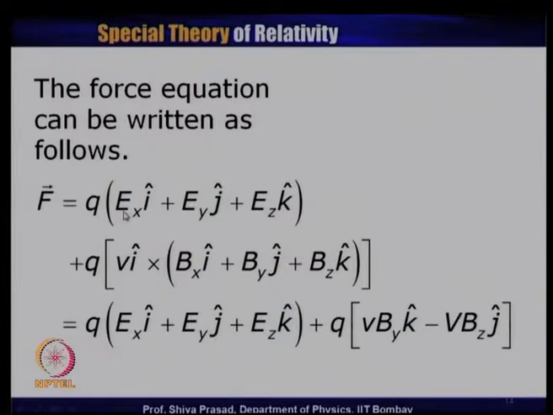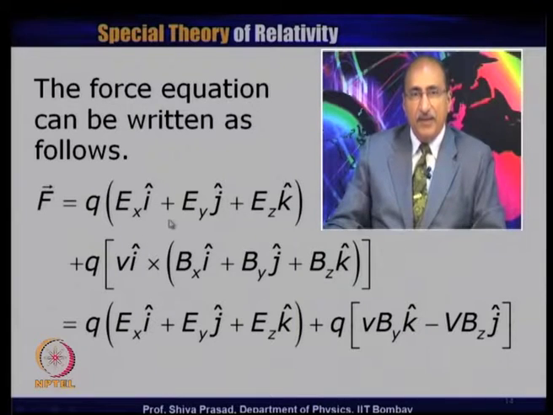Here I want to be a little more careful, because there is a magnetic field term also. So, I am writing in explicit form F = Q times (Ex i + Ey j + Ez k).